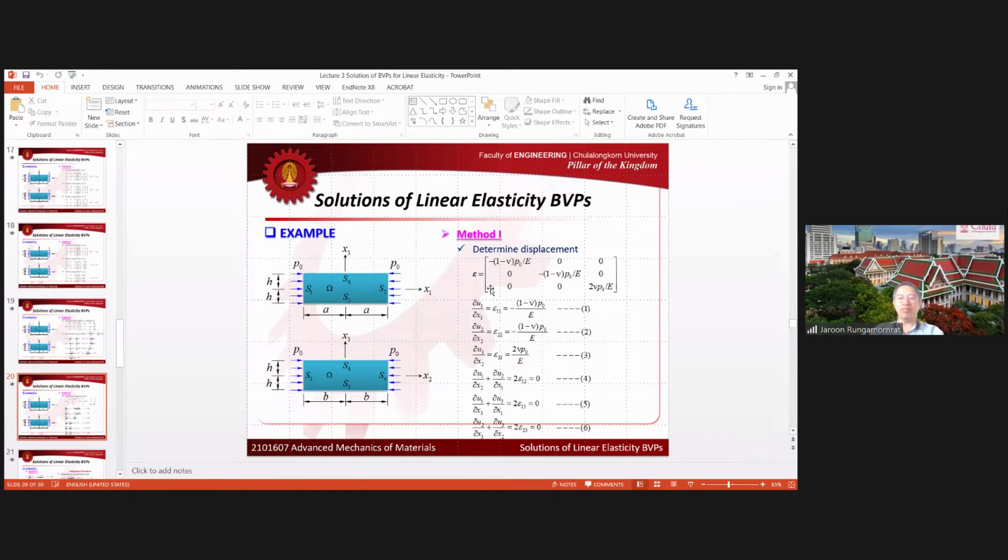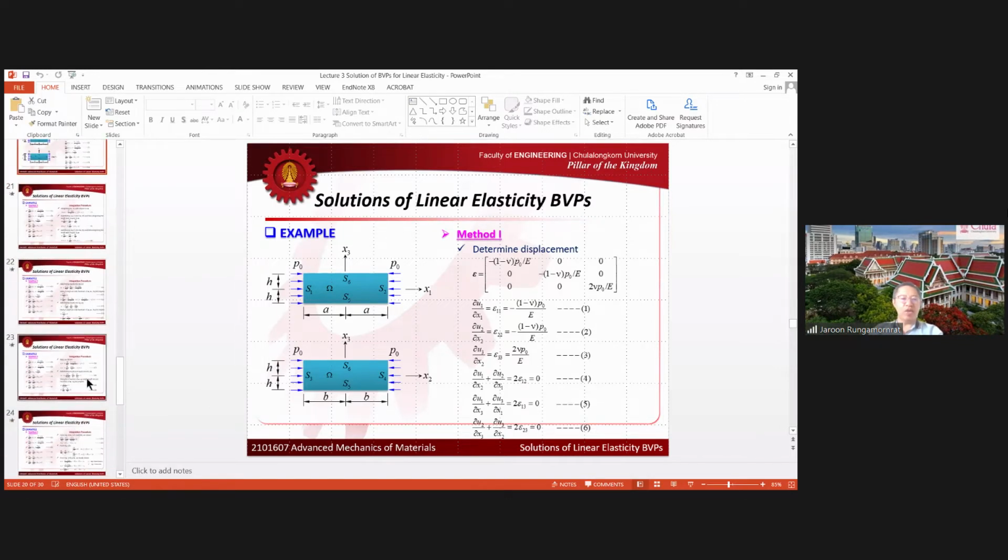For example, for this problem, we start by guessing the stress field. We check the Beltrami-Mitchell equation, and we found that the stress satisfies the Beltrami-Mitchell equation. That confirms that the strain that you got here is compatible. So you will not have any problem with the integration of all these equations, right? Because the displacement exists.